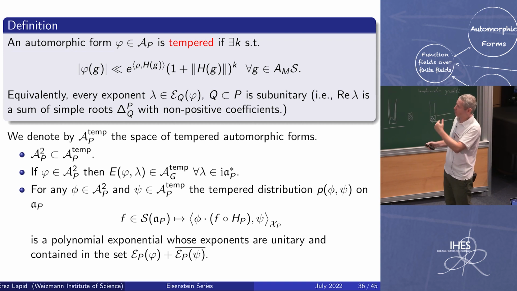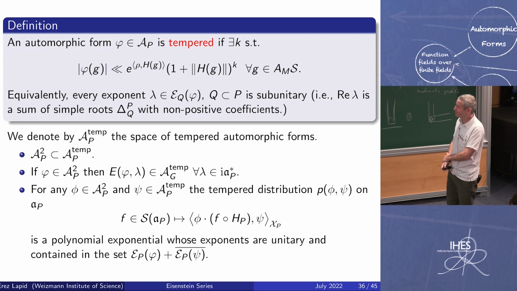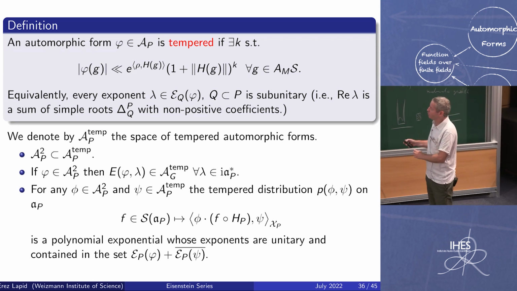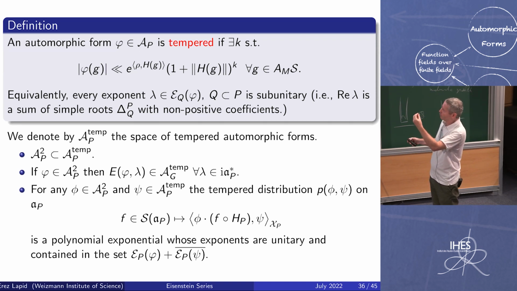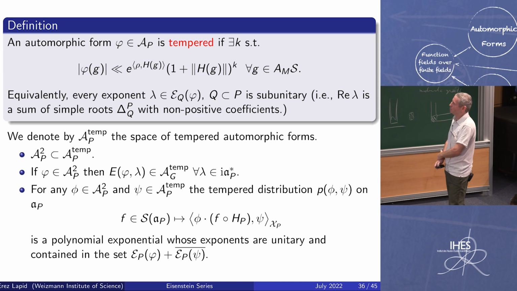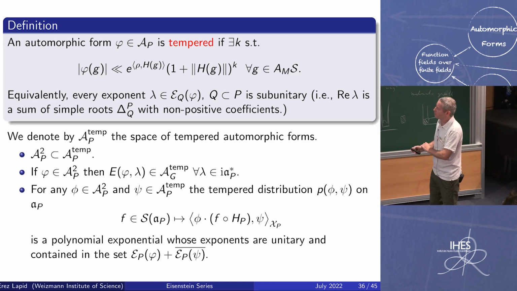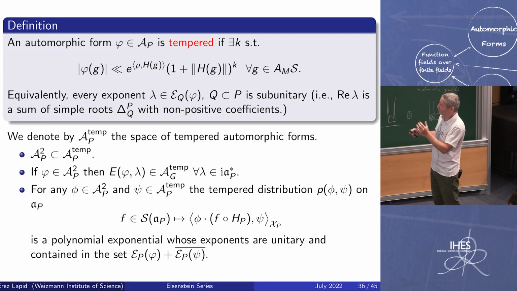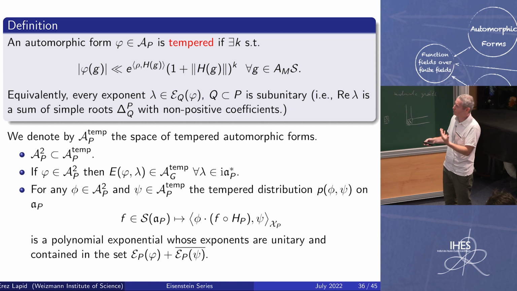The exponents are governed by the exponents of phi and psi. The way I do it, I take the inner product, but on the center I have to put some tempered function. This will converge: phi is in A_P^2, so the inner product on the M part converges, and the center part, because of the F, will converge.